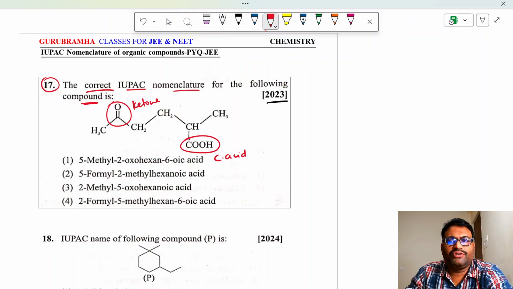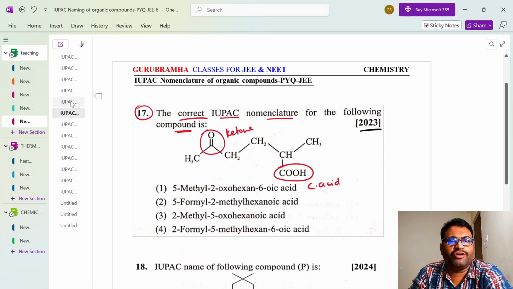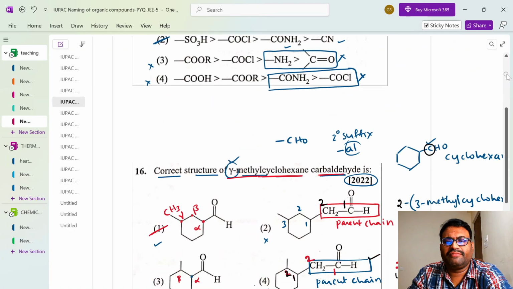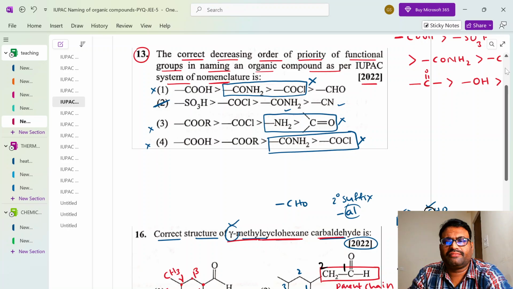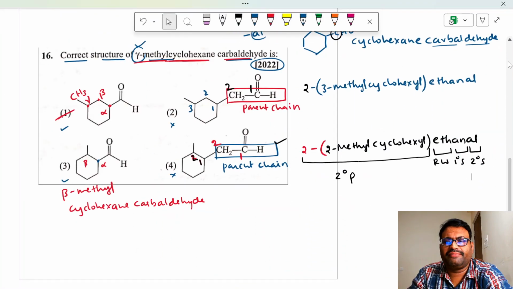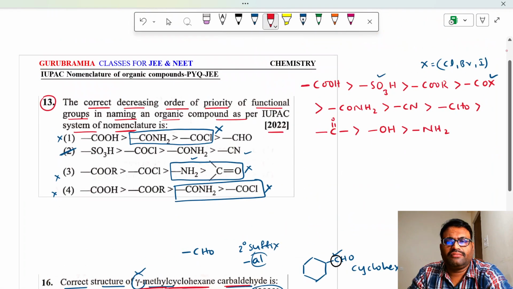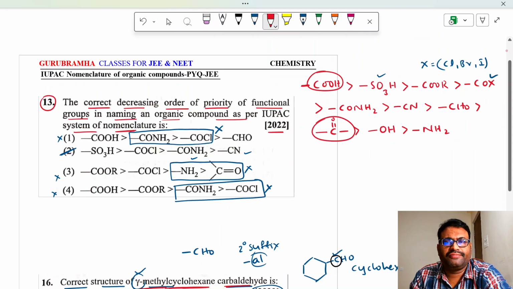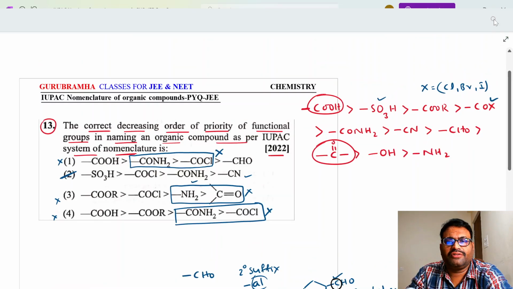Right? You can see here, before we have seen priority, right? In looking into the priority, see, carboxylic acid has more priority than ketone. Understood?